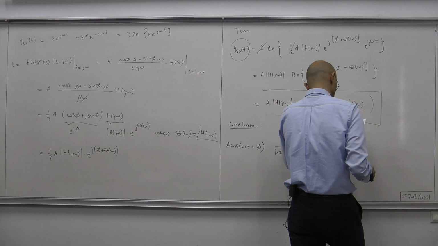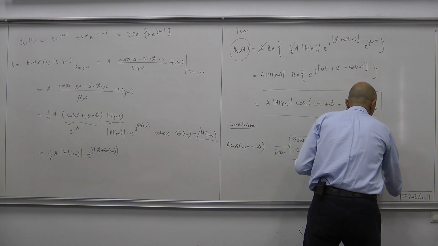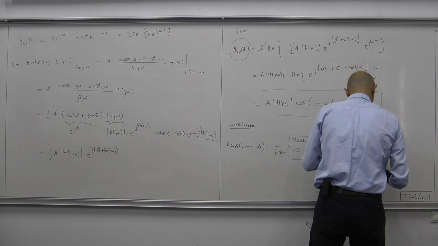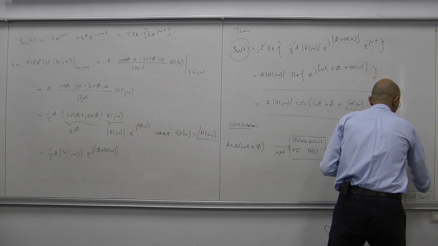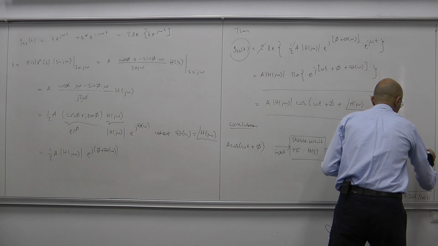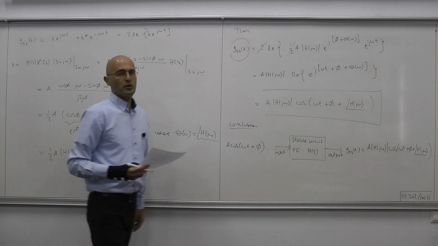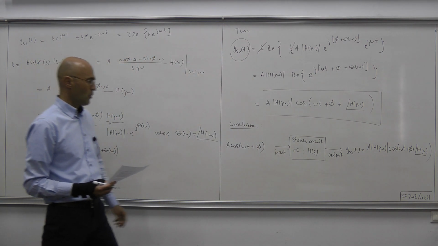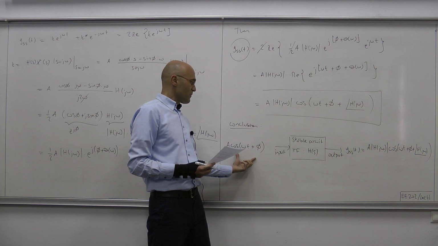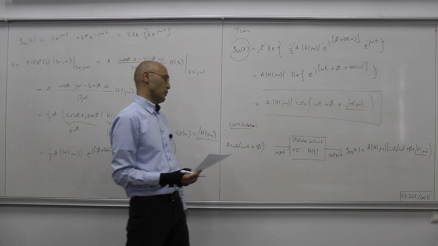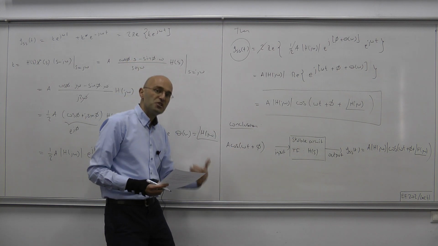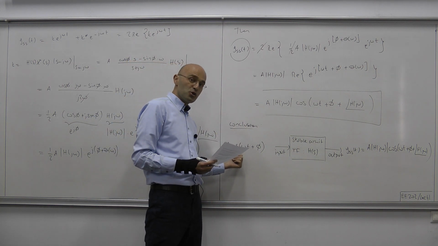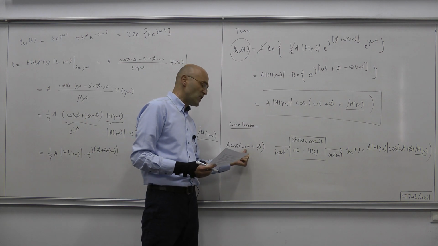That solution is y_SS(t) equals A times the magnitude of H(j omega) times cosine of (omega t plus phi plus the phase of the transfer function computed at j omega). So if this is your input to your linear stable circuit with transfer function H(s), at the output you will see again a sinusoidal signal with the same frequency.